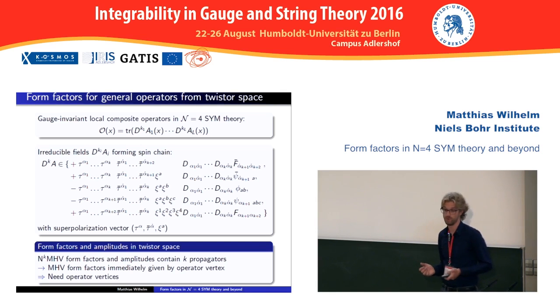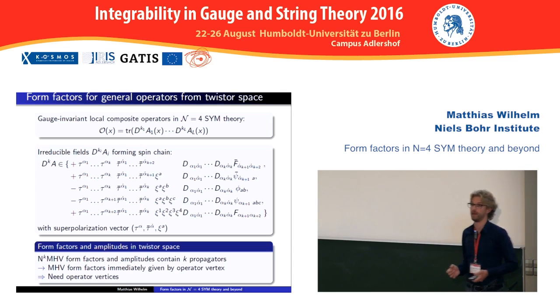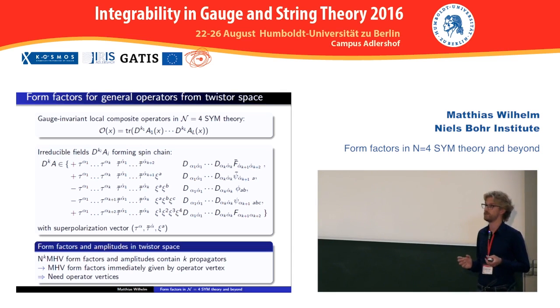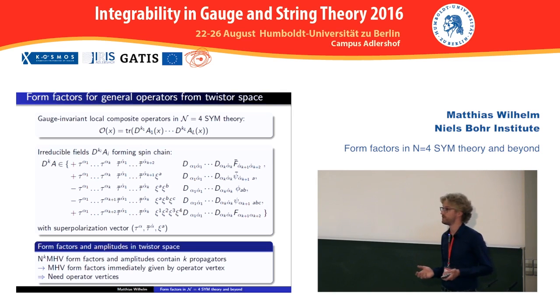And the same is true for form factors. In particular, MHV amplitudes and MHV form factors are immediately given by inserting momentum eigenstates into the corresponding vertices. For this, however, we need the vertices of the operators in twistor space, which are not just given by these expressions as in usual space-time.